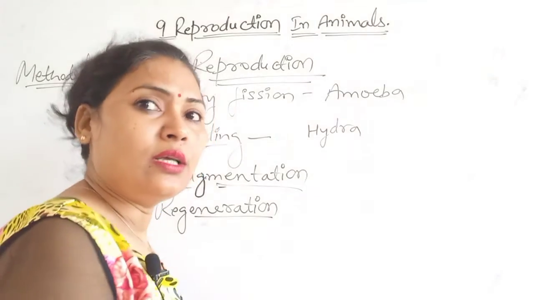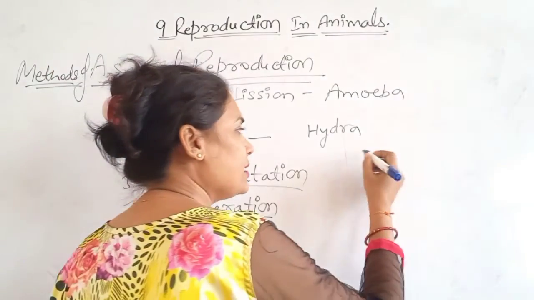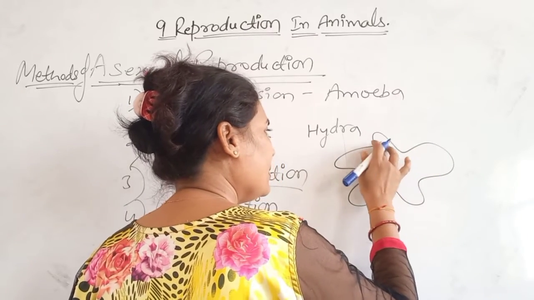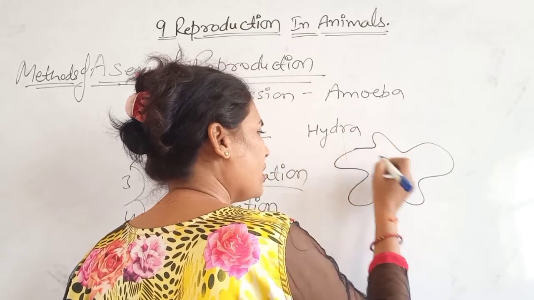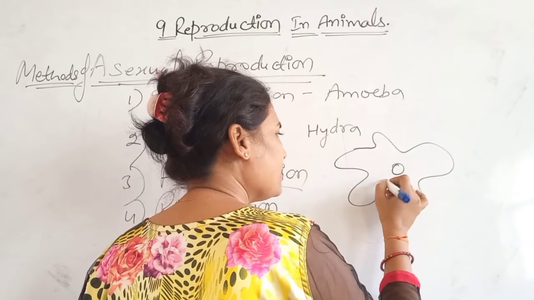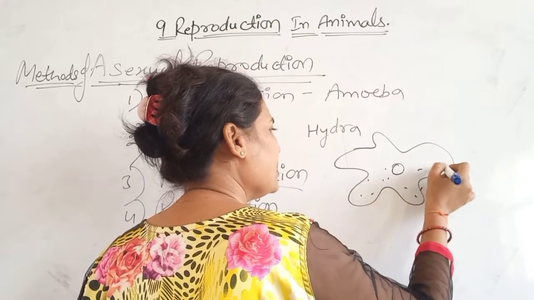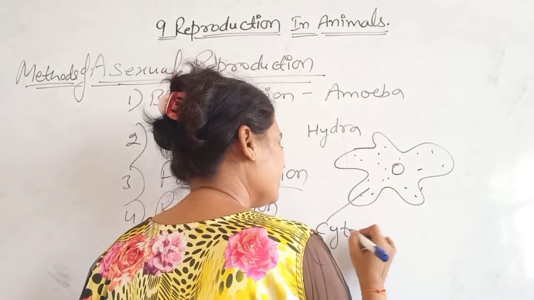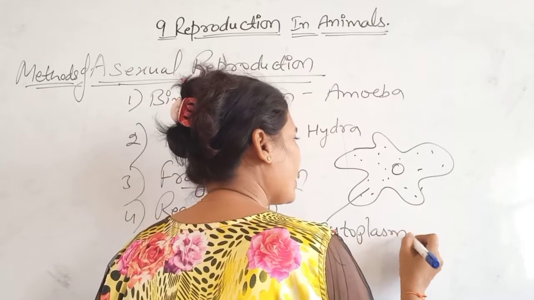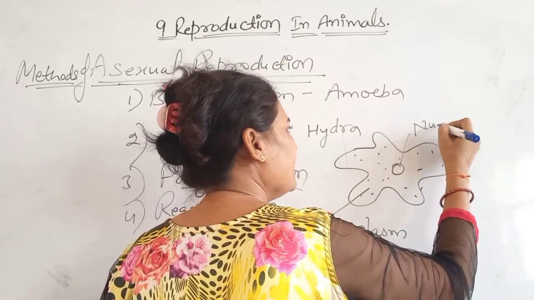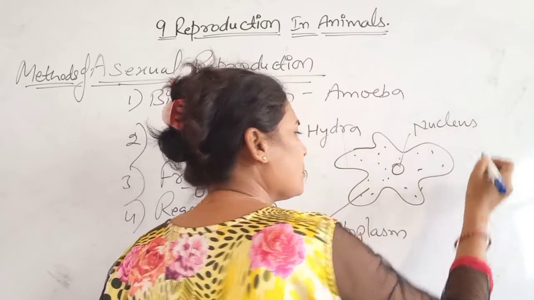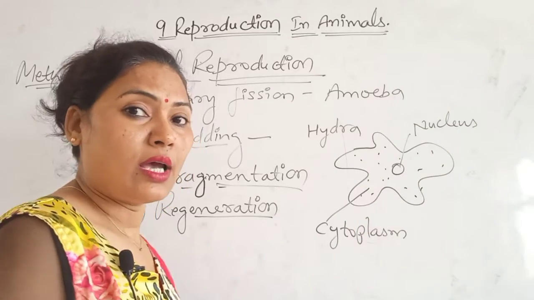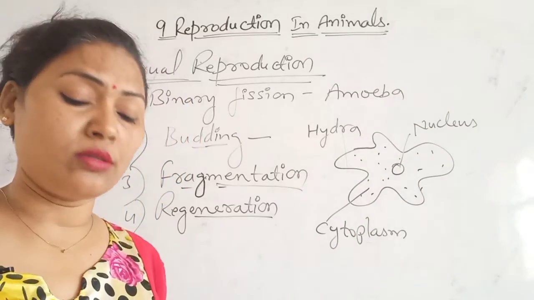For example, if there is an amoeba, a mature amoeba will be there. In the mature amoeba the nucleus is present, and the cytoplasm is present in the amoeba. Okay, this is the nucleus and this is the cytoplasm.